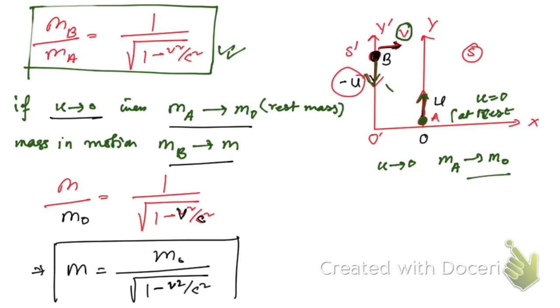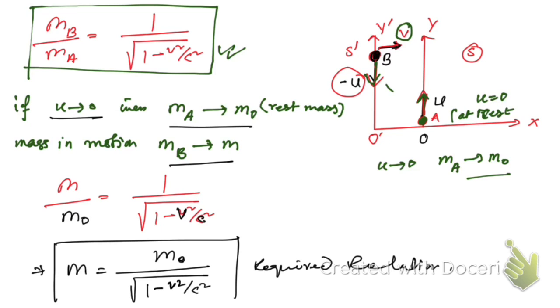So this is the required relation. This shows clearly that the mass varies with velocity.